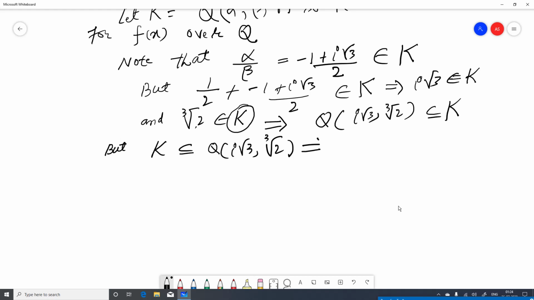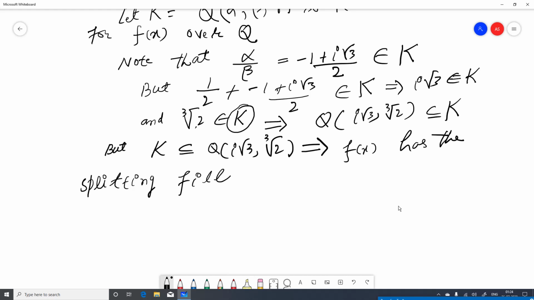So this means the splitting field of this polynomial f(x) is Q of i square root 3, cube root of 2.